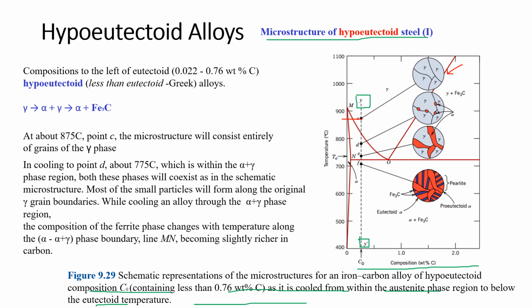The red line is the eutectoid temperature line.